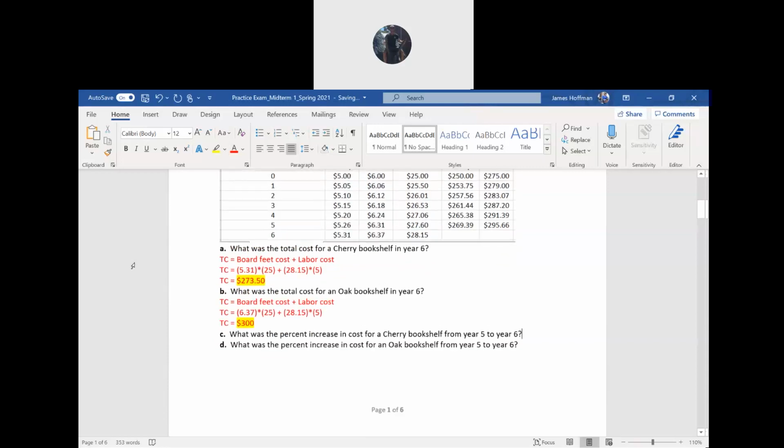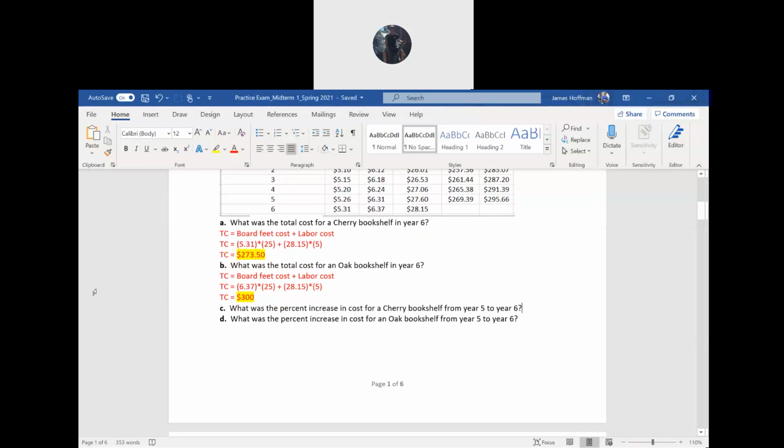Okay, and then you can calculate the percent increase for parts C and D. So what was the percent increase in cost for a cherry bookshelf from year 5 to year 6? Now that you have the cost, you can use those.